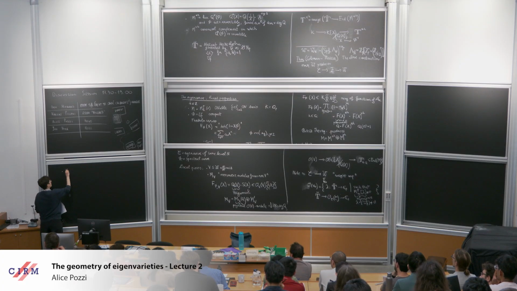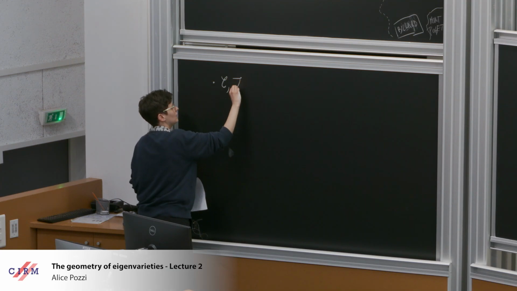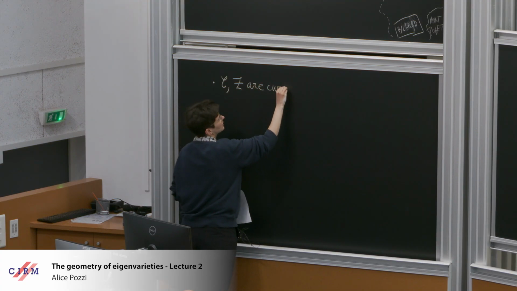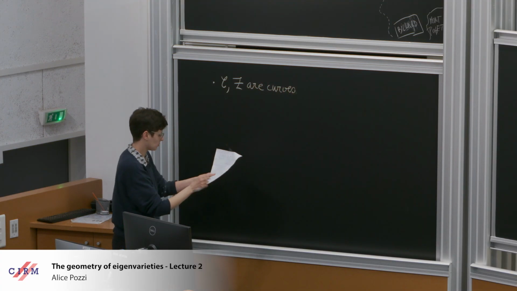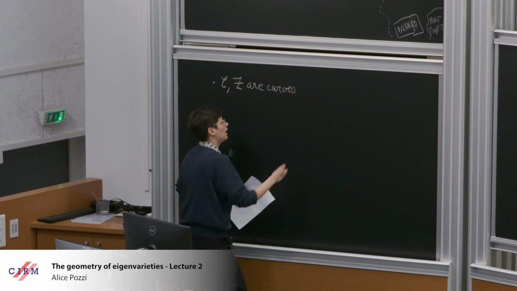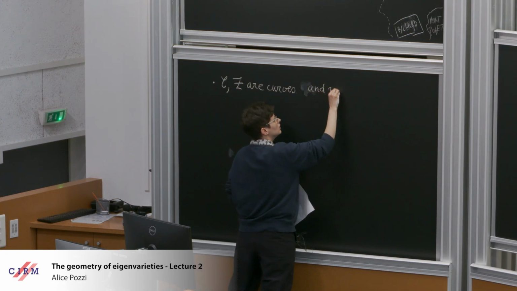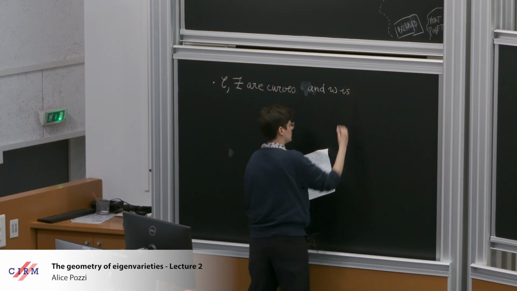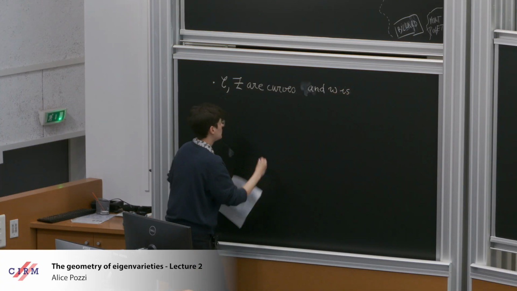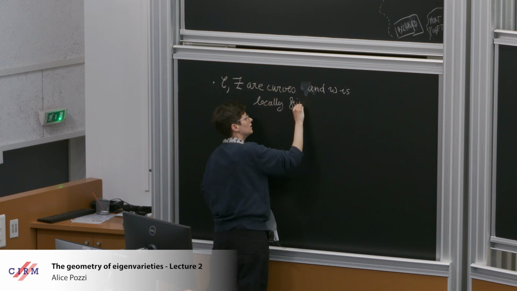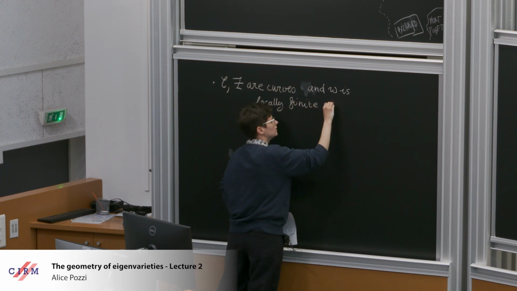So one thing is that C and Z are curves, so they are the same dimension as the weight space, which is what one would expect in general. And the map W is locally finite and flat.